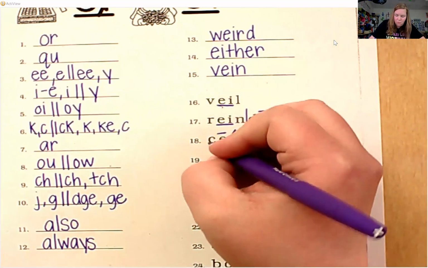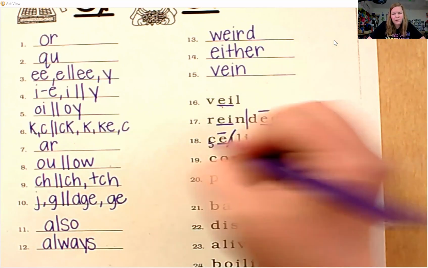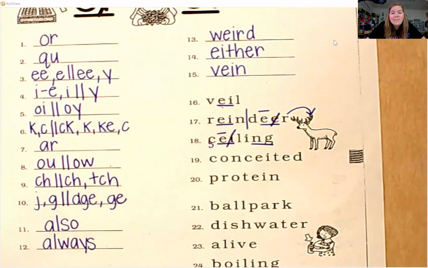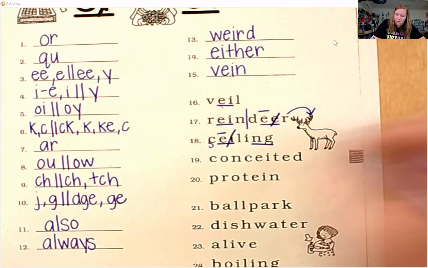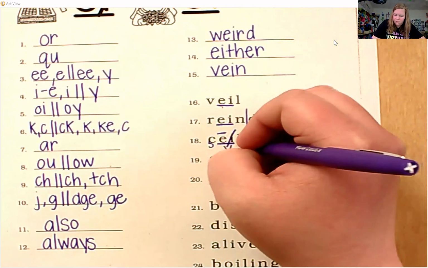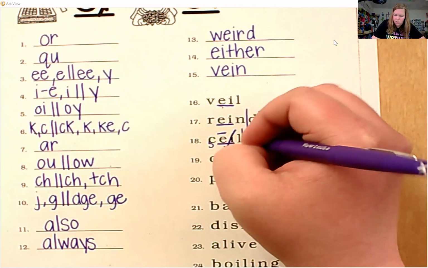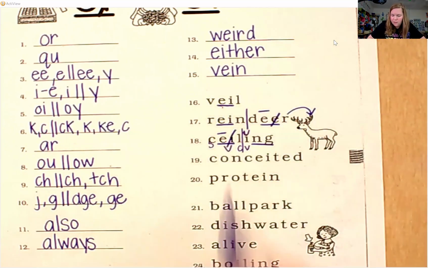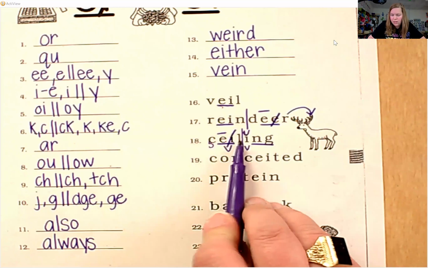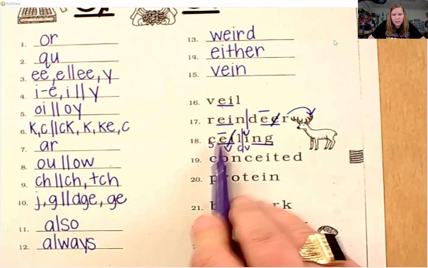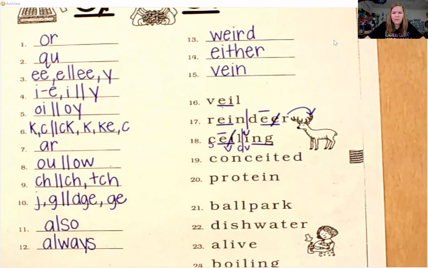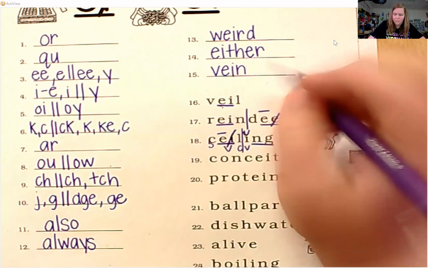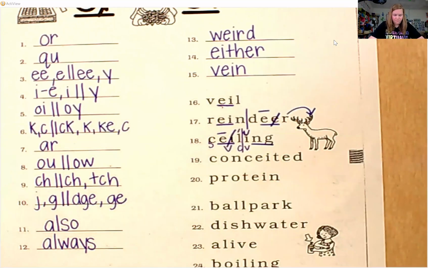This C is followed by an E, so it actually needs a cedilla. It's going to sound like S. We have a vowel, consonant, vowel pattern with a short I. Eel, ing, ceiling, ceiling. That first syllable is accented.